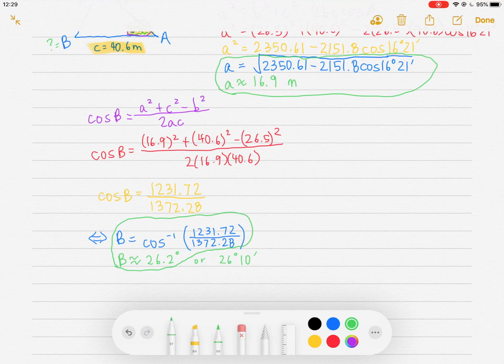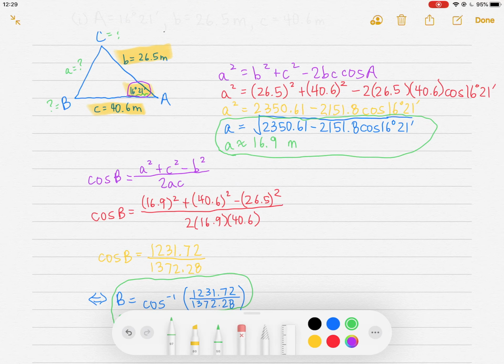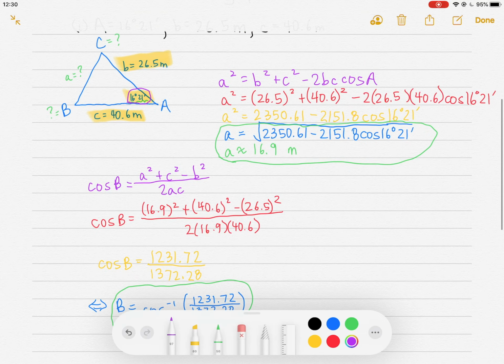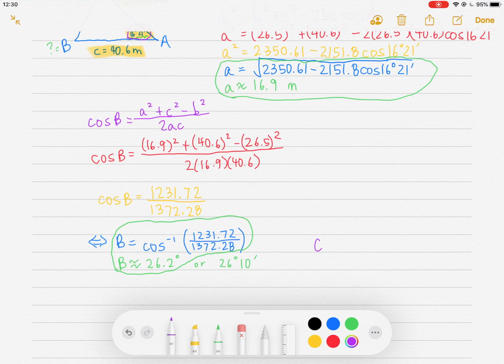And then once you have found two more or less exact answers, on the third one I am okay with you doing 180 minus the other two angles. So our big C is the guy that we haven't found yet. So big C is 180 degrees minus our 16 degrees, 21 minutes, minus our 26 degrees, 10 minutes, and really this is approximate.